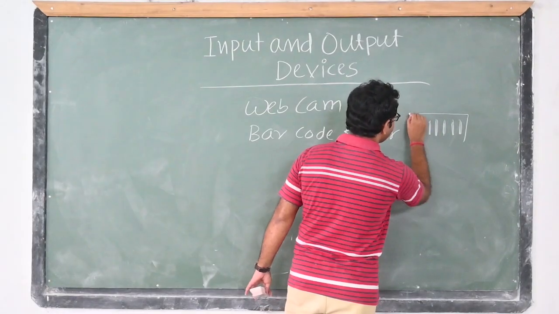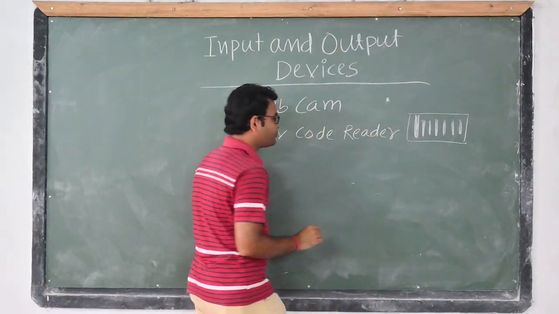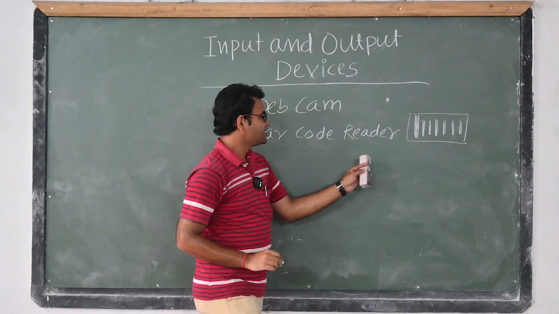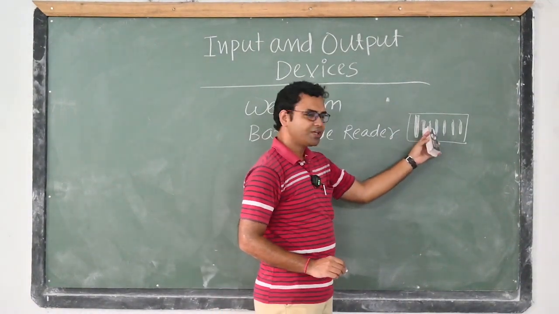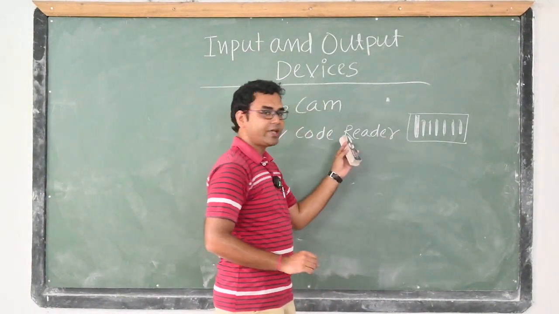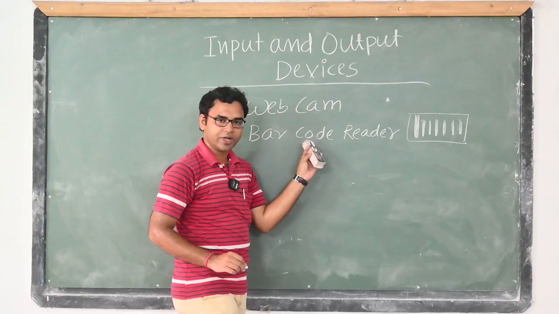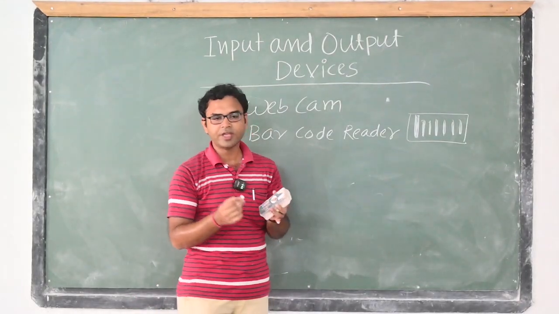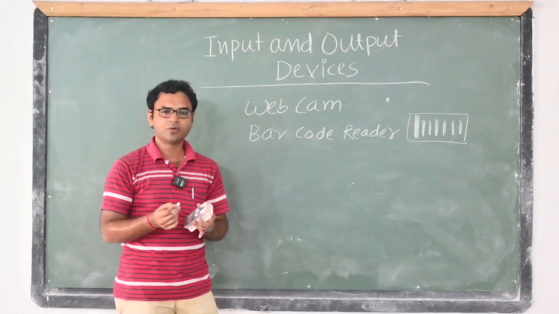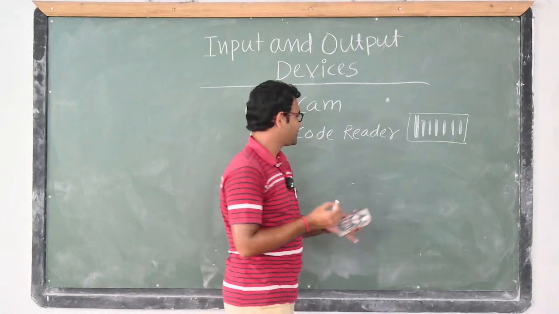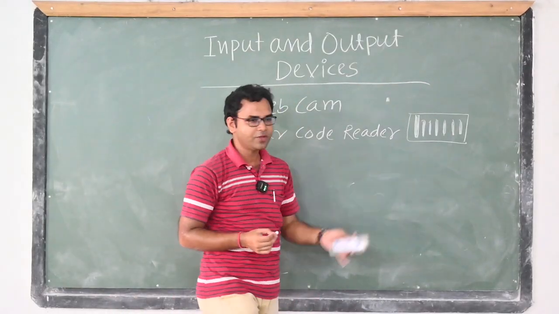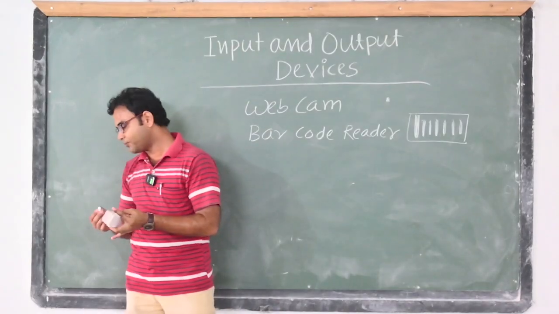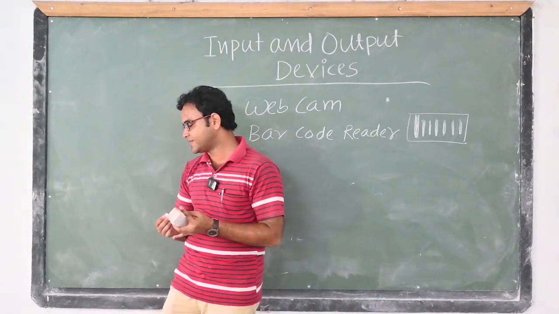The person in the billing section scans this and gets the relevant information like the price of the product. This is called the barcode reader. You can see it on every kind of product you buy. So the barcode reader is another example of an input device.